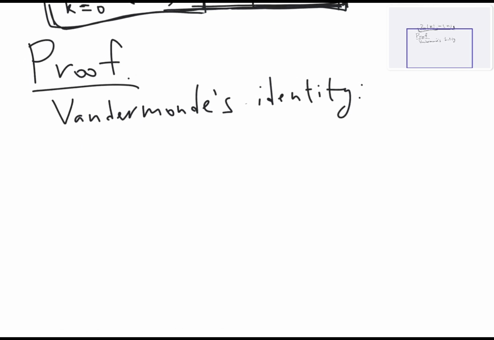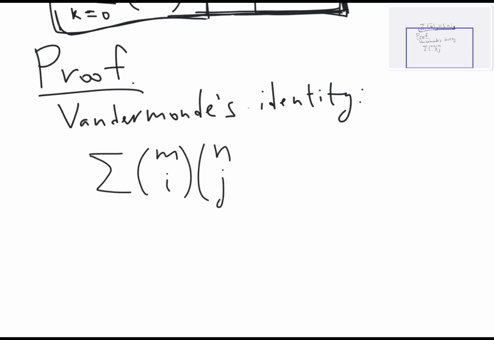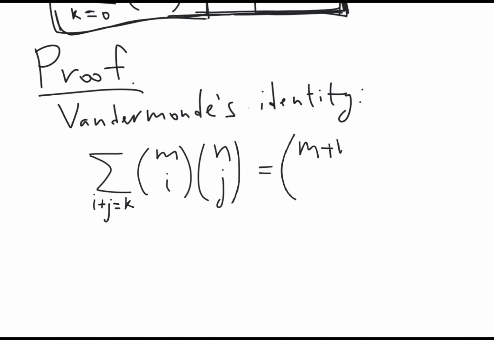It looks like this: the sum of the product of two binomial coefficients, where i plus j is equal to k, is equal to the binomial coefficient m plus n choose k. This is true for any m, n and k. So this is Vandermonde's identity.